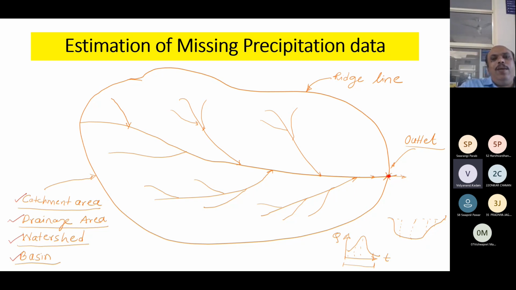These rain gauges are available in two types. One is the recording type of rain gauge, the other is the non-recording type of rain gauge. In the recording type, a certain mechanism is provided so as to record the daily rainfall. Opposite to that, in the non-recording type, the rainwater is simply allowed to collect in a container, and after a fixed time interval, that rainwater quantity is measured with the help of a measuring cylinder.